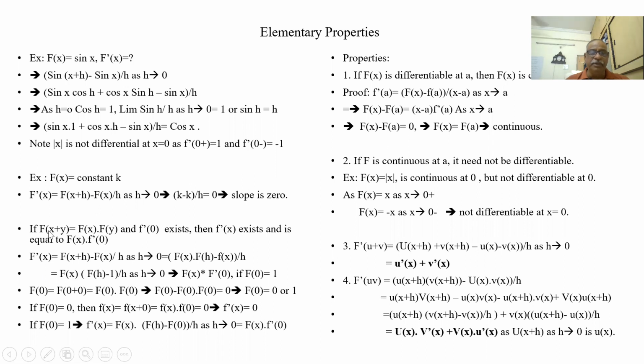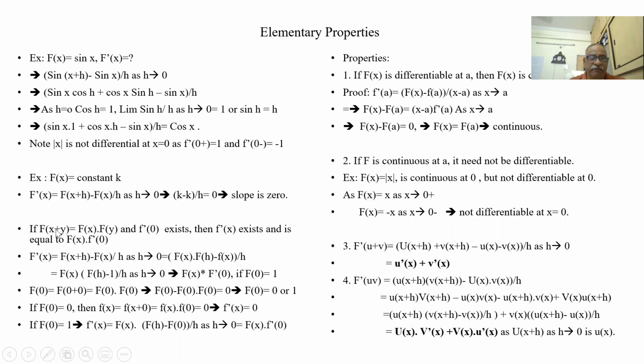Now, if a formula is given, if f of x plus y is equal to f of x into f of y, then f dash 0, if it exists, then f dash x is equal to f of x into f dash 0. This is the given condition. These are given: f of x plus y is f of x into f of y, and also f dash 0 exists. Let us see here. How is f dash x defined? F of x plus h minus f of x by h as h tends to 0.